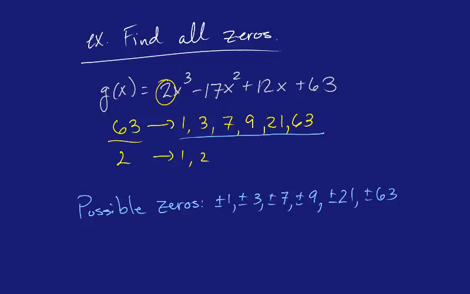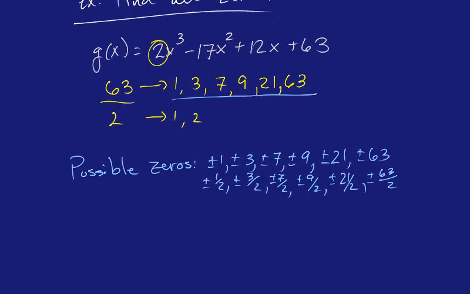And then I'm going to divide them all by 2. So now it's plus or minus 1/2, plus or minus 3/2, plus or minus, you guessed it, 7/2, plus or minus 9/2, plus or minus 21/2, and plus or minus 63/2.